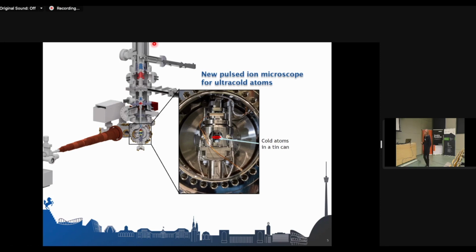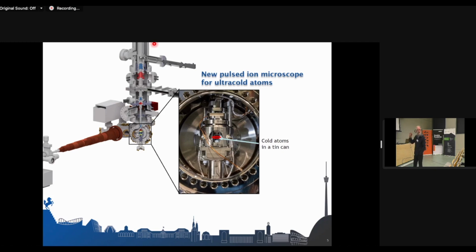At an instant in time when we want to observe it, we switch on the microscope, which involves kilovolt voltages. We switch this on in tens of nanoseconds and image the ions. And then, of course, we have to go back to zero field, and the experiment is always repeating between absolute zero and very large fields to extract the ions. So that sort of was the experimental challenge to solve here.